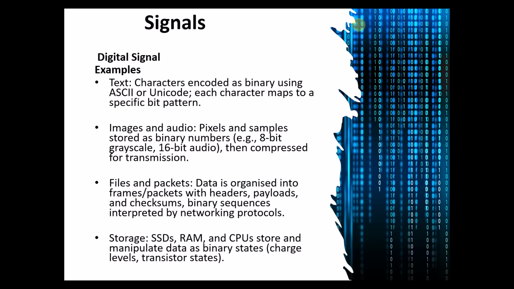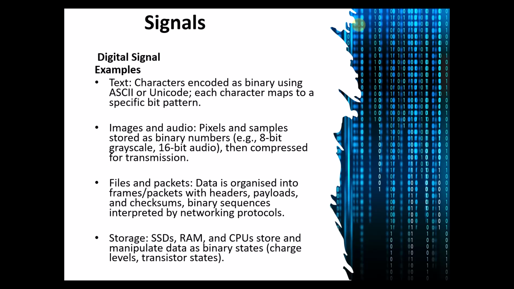Files and packet storage systems, the solid state drives, the random access memory, and the central processing unit all store and manipulate data as binary, in terms of charge levels and transistor states. For instance, in the CPU, when a transistor is off, it is at a low charge level, and then a bit 0 is generated.